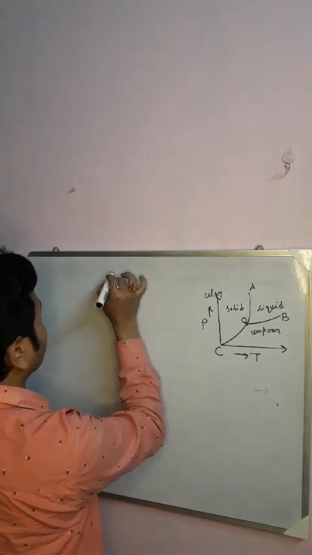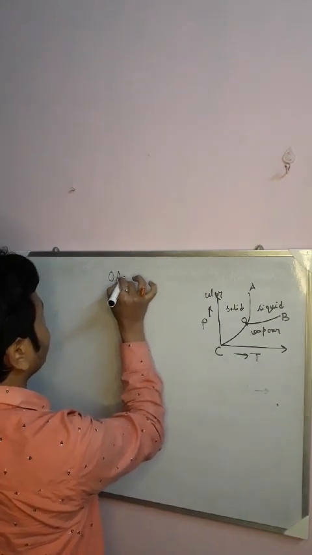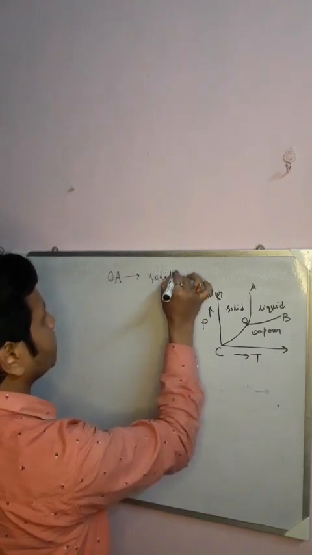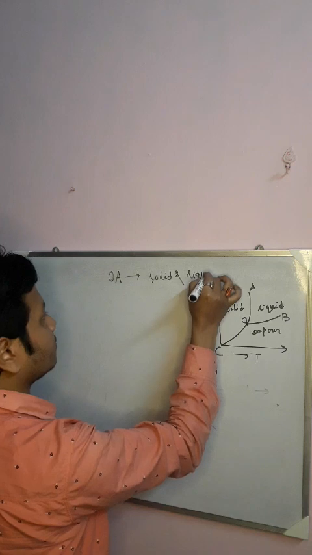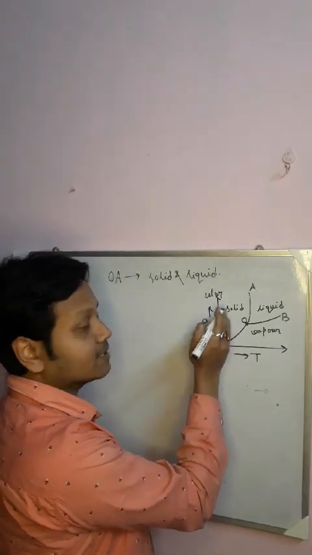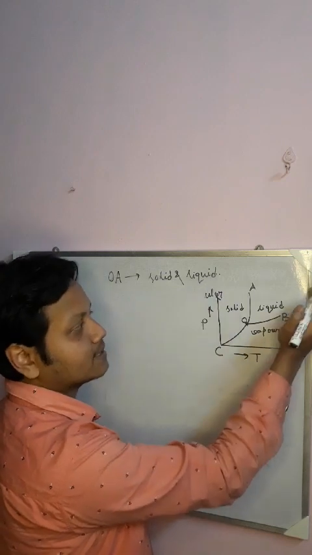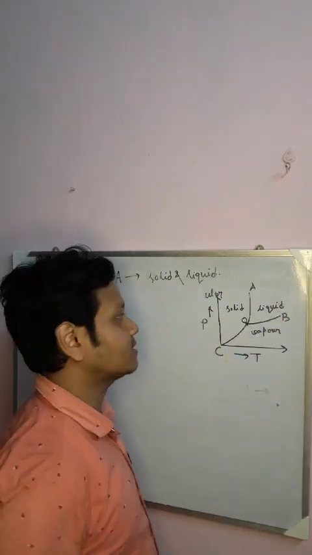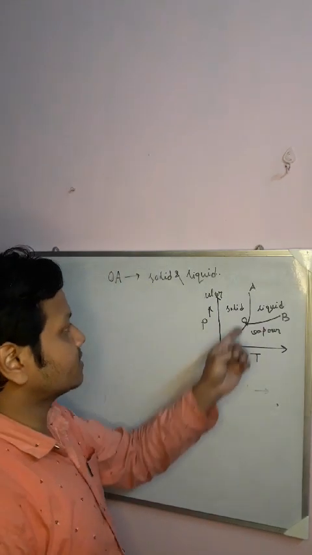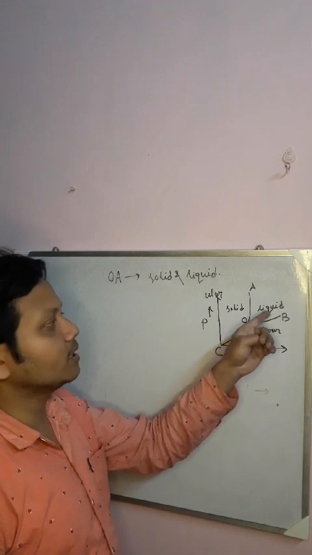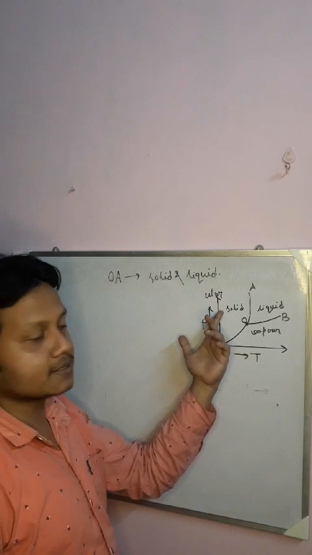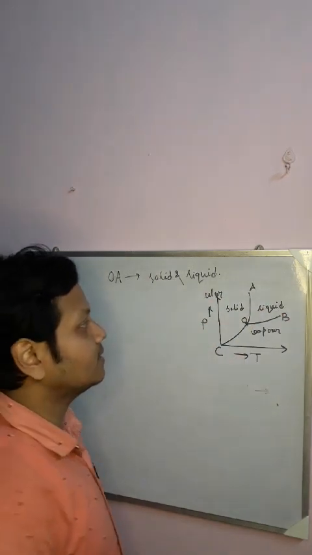That means on the left hand side of OA the matter exists in solid state, and on the right hand side of the line the matter exists in liquid state.